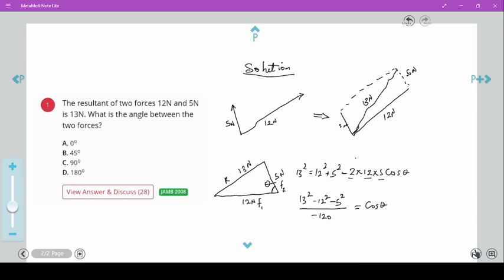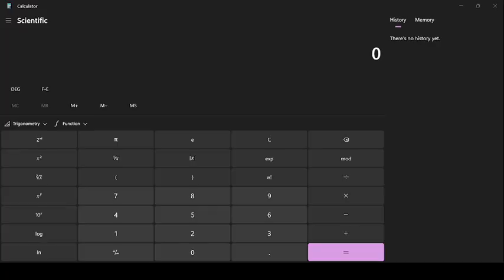So let's jump over to our calculator to see how much help we can get from there. Okay, a quick one. 13 raised to the power of 2, that's about 169. So I can write that down. 169.